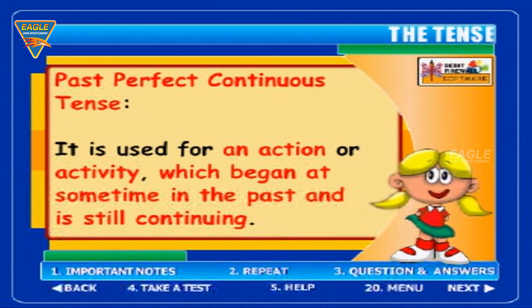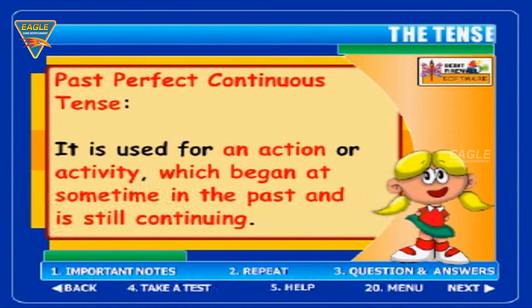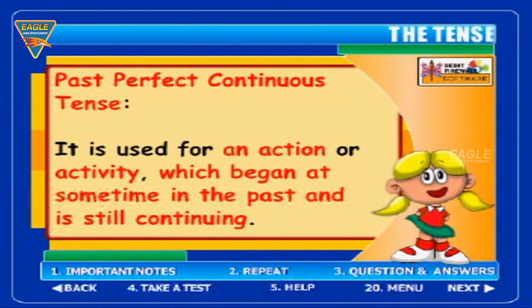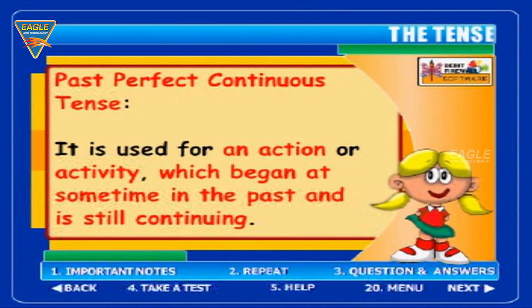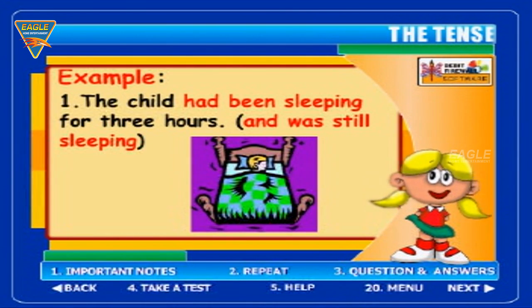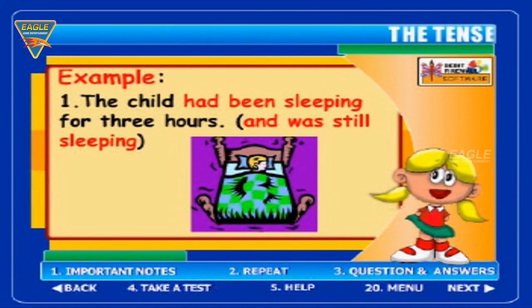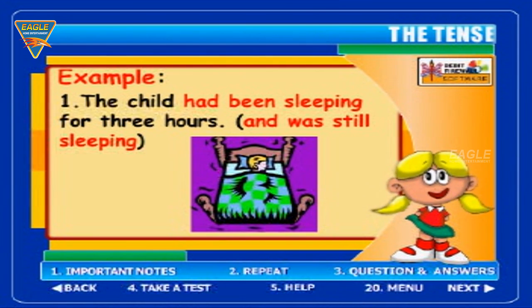Past perfect continuous tense. It is used for an action or activity which began at some time in the past and is still continuing. Example: the child had been sleeping for 3 hours and was still sleeping.